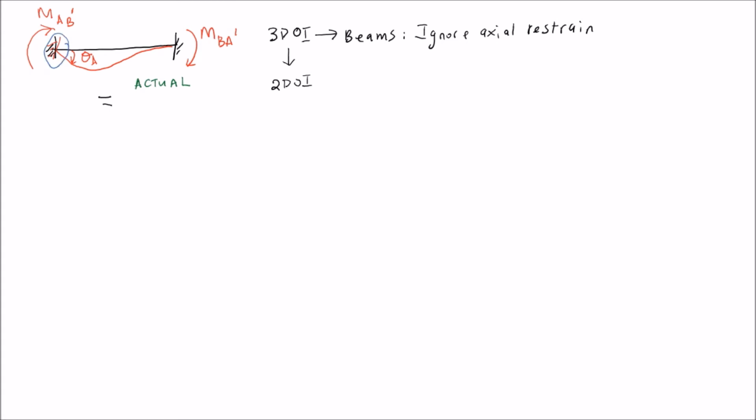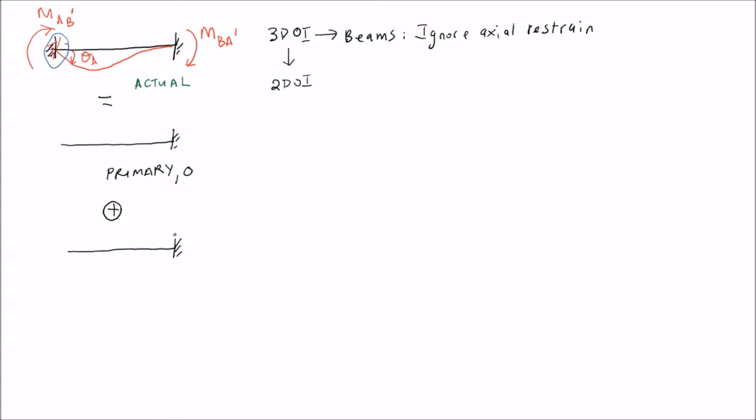So we are going to have our primary system. If you remember, the primary system only has load on it, so there's no load, so the primary system is just like this. The actual system is system 0 plus the first redundant system.